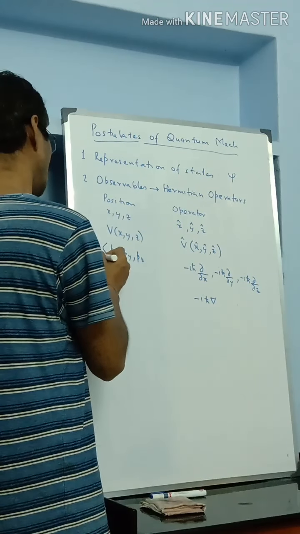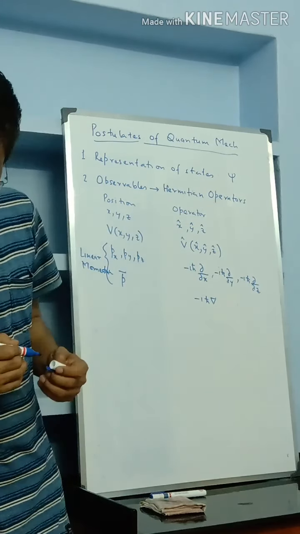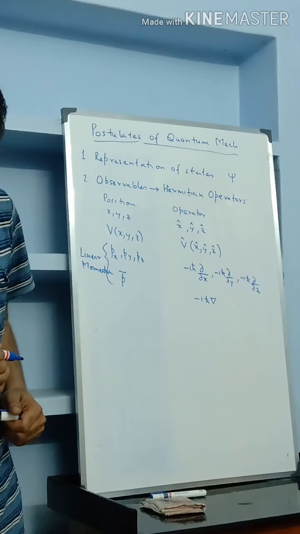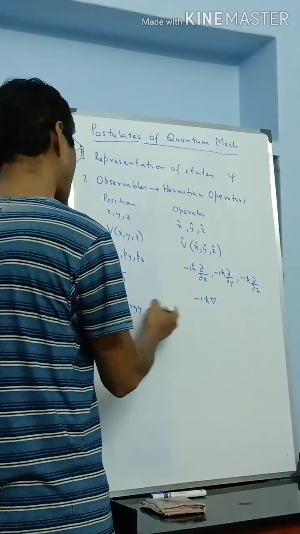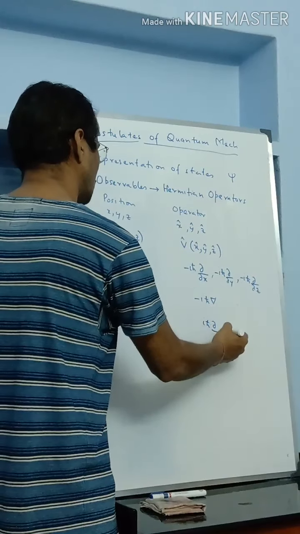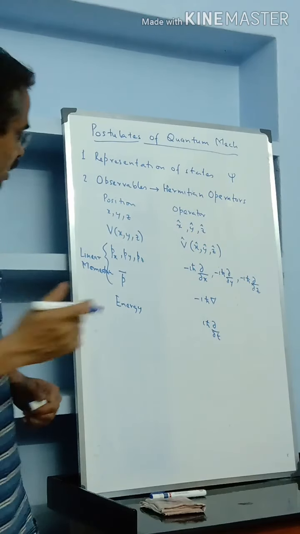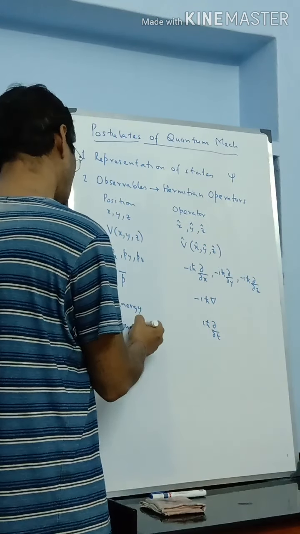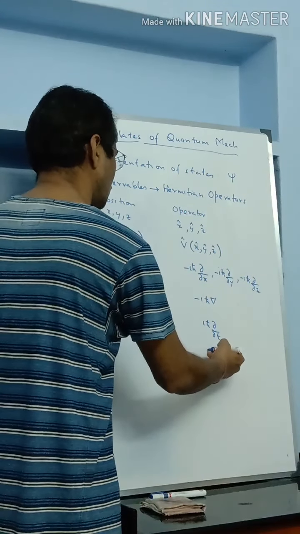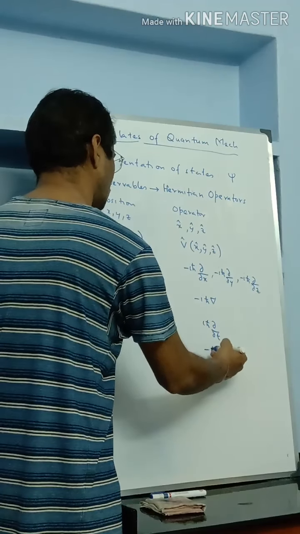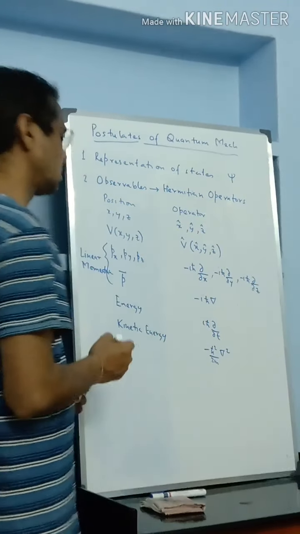So one can even express the corresponding energy operator. The energy operator can be written as i h cross del/del t. And the kinetic energy operator can be written as minus h cross square by 2m del square, corresponding to p square by 2m.